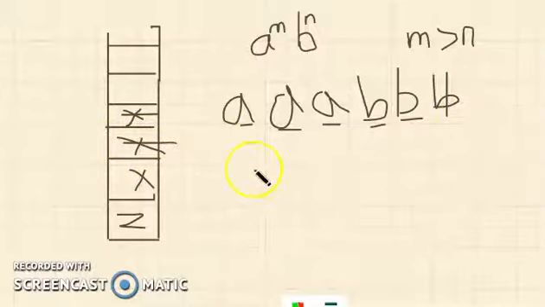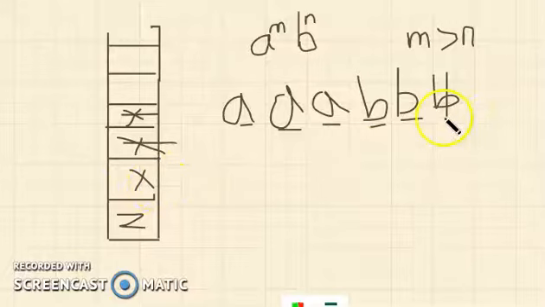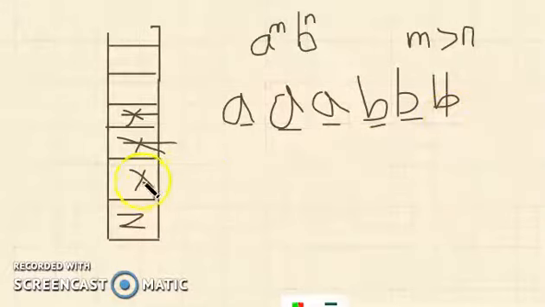Then, what is the condition to accept? When I read a blank, I should have one or more elements in the stack. So when I read a blank, I should have one or more x in the stack. I hope this is clear.